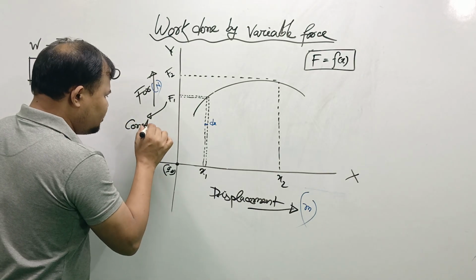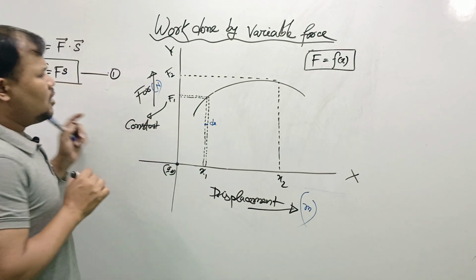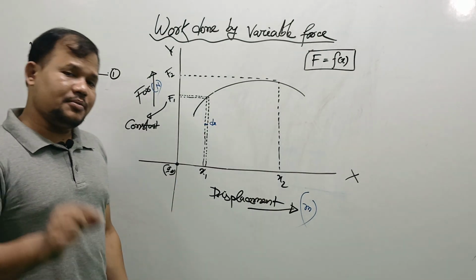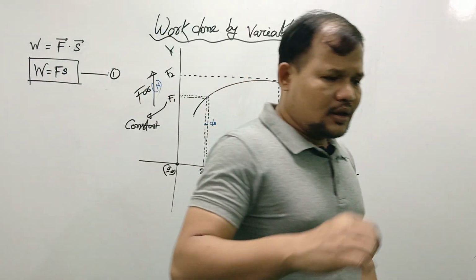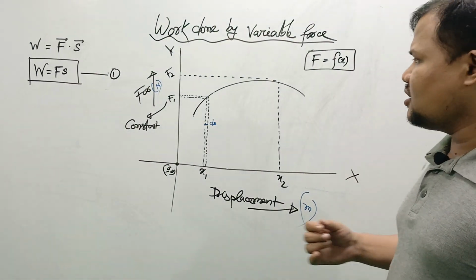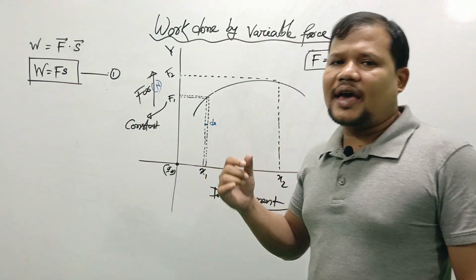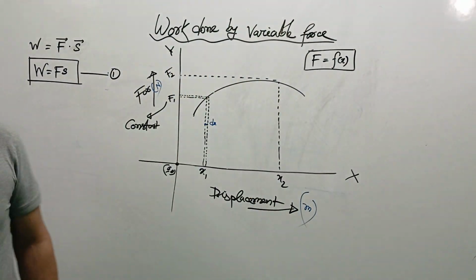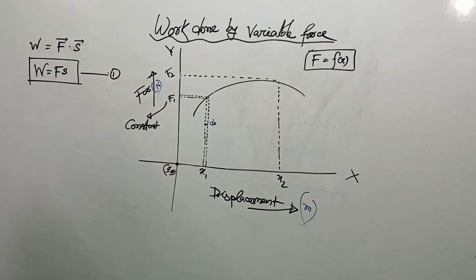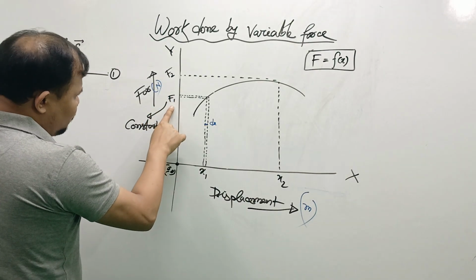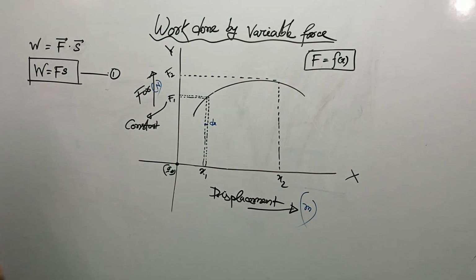Why? As small as we take the displacement, the force looks like a constant force. Because of this very small displacement, we can take F1 as a constant force.